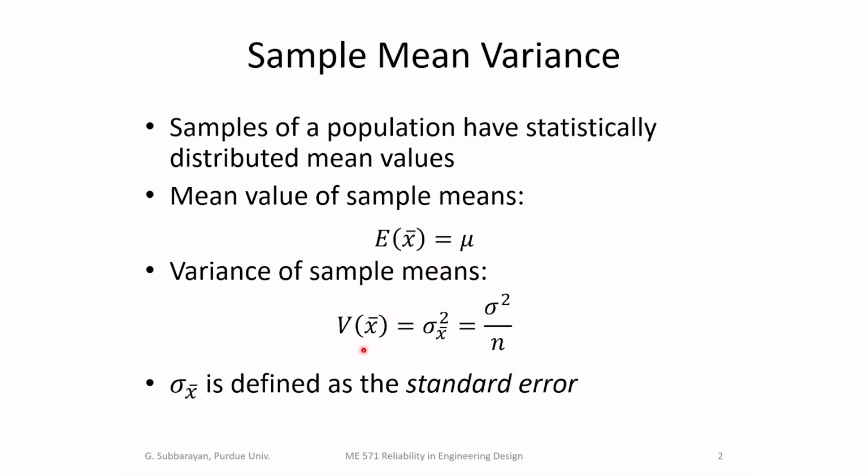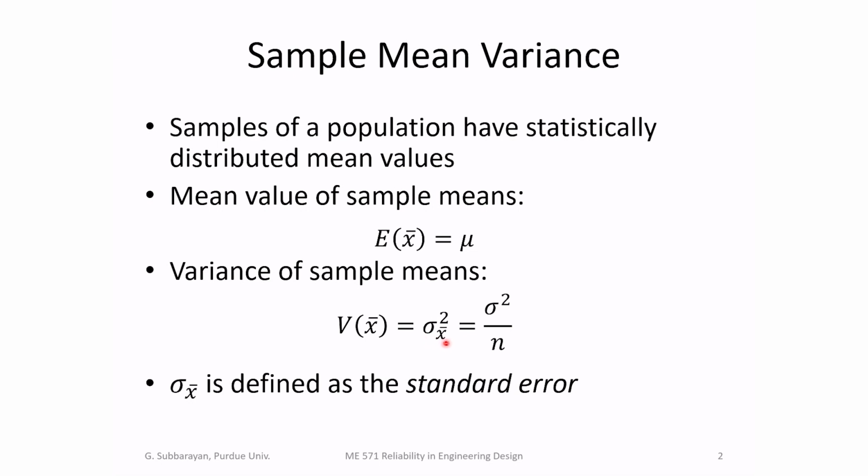And similarly, the variance of the sample means, which is the distribution of these sample means, is denoted by sigma sub x bar squared, and that's sigma squared over n. And sigma here is the population standard deviation. We will try as far as possible to not use this sigma notation for standard deviation.